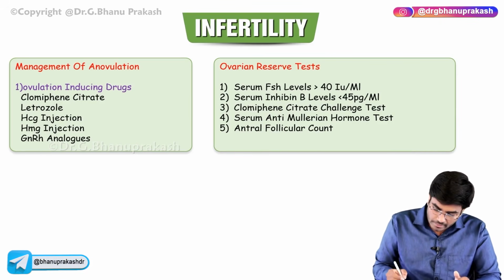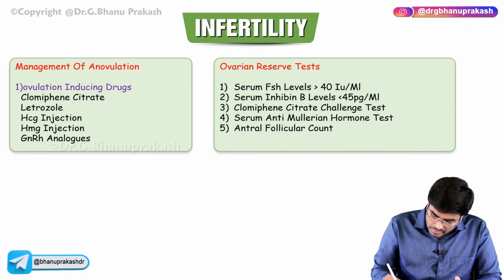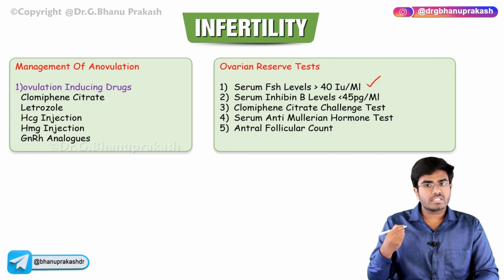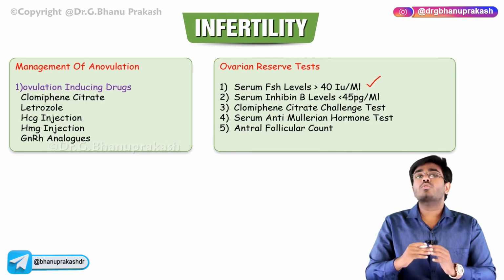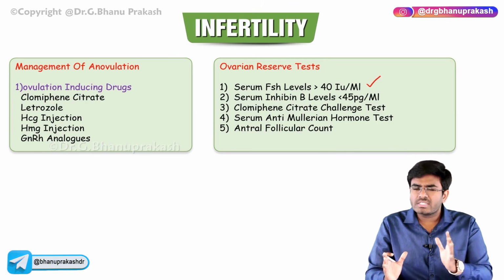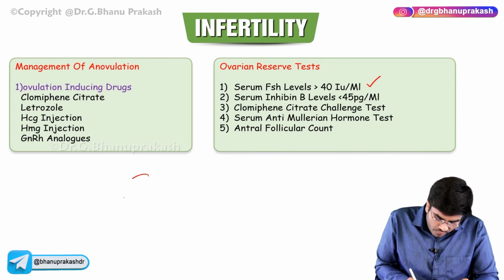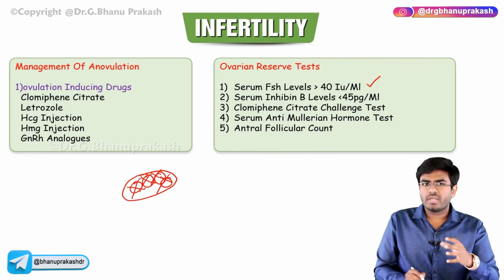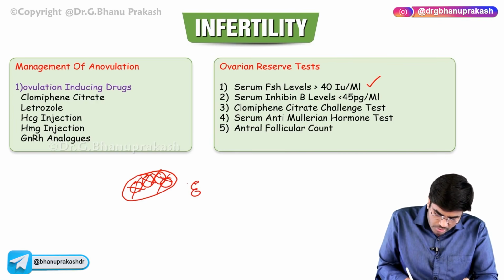So please concentrate now. If her follicle stimulating hormone level is more than 40 international units per ml, which means so much amount of FSH. What is the logic here? See, if her ovarian follicles are exhausted, all her follicles are burned out. Now follicles gone, so there is no estrogen.